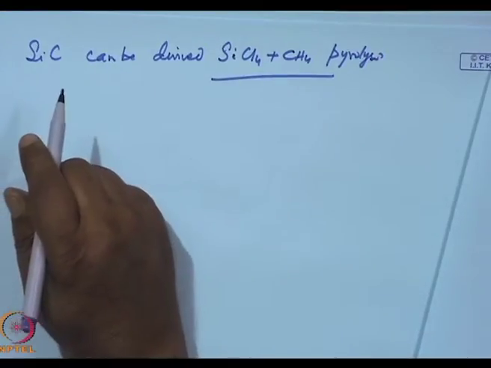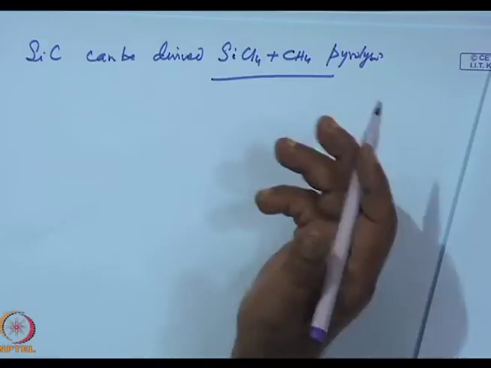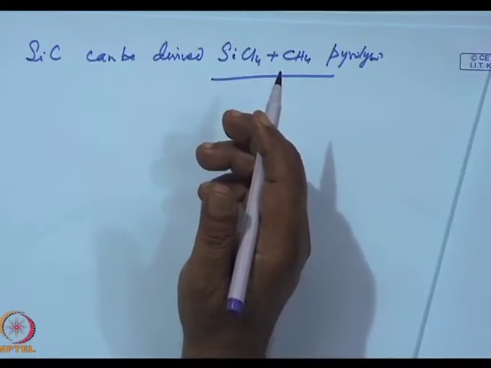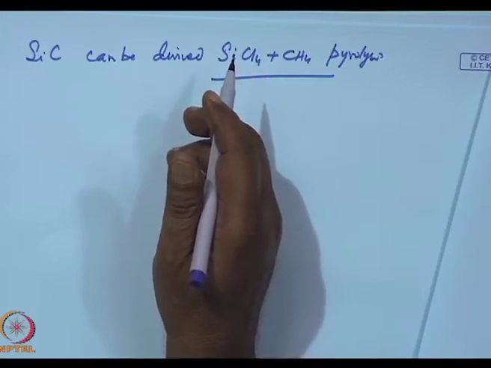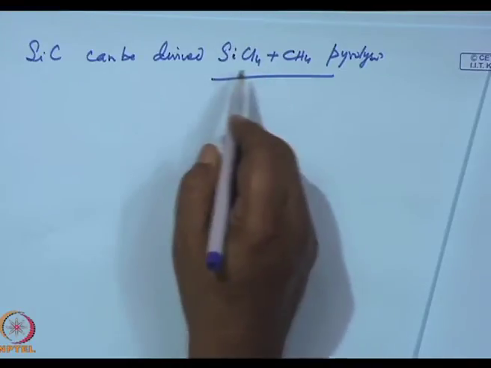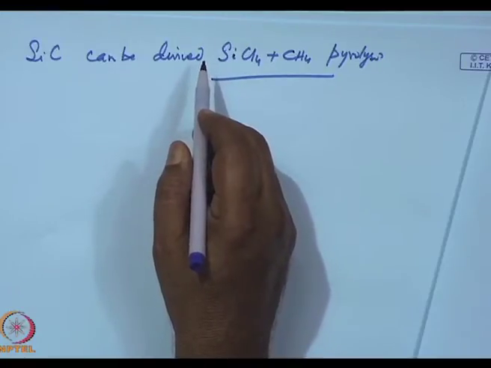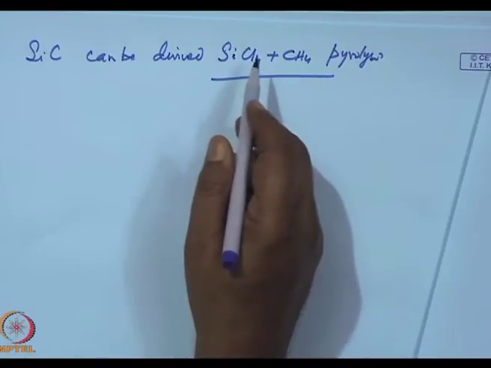This I had said earlier. That is, during the chemical vapor infiltration technique, I had said that I can prepare silicon carbide by pyrolyzing silicon tetrachloride with methane.